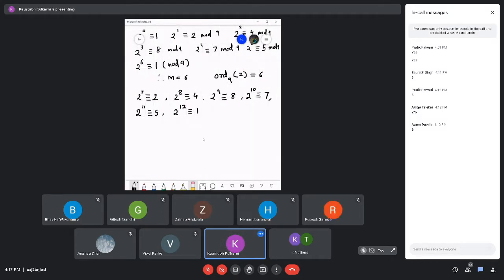So we can apply Euler's theorem mod n. a raised to phi of n is congruent to 1 mod n, right? This is Euler's theorem. Therefore, the order always exists.